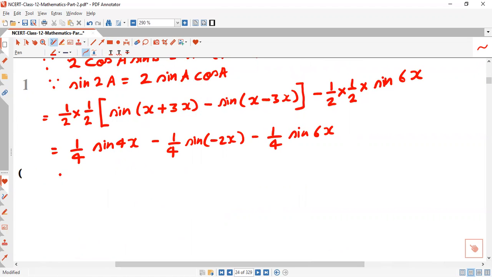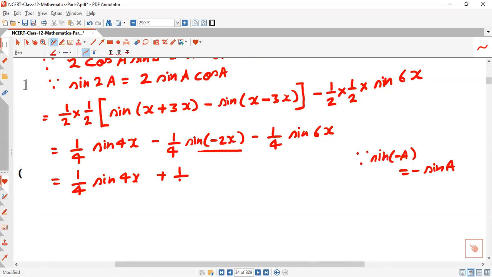Right. Now, since we know sin(minus A) equals minus sin A, we apply this formula here. We are getting 1 by 4 sin 4x plus 1 by 4 sin 2x minus 1 by 4 sin 6x.